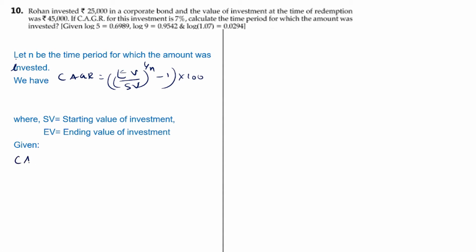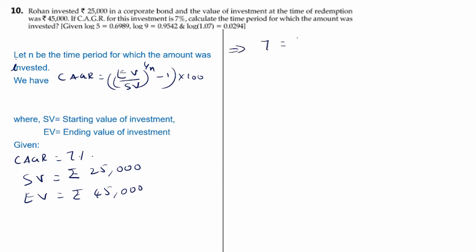So given the compound annual growth rate is 7%, then starting value is rupees 25,000 and ending value is rupees 45,000. So this implies 7 is equal to (45,000 upon 25,000) whole raised to 1 by n, minus 1, into 100.